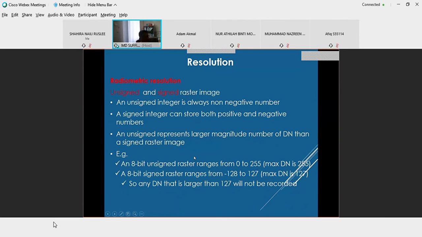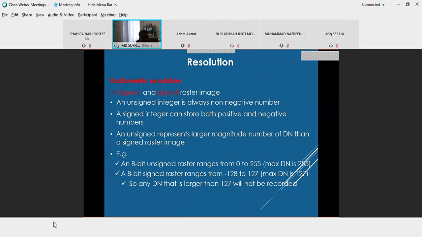And then kadang-kadang you tengok juga dia ada unsigned dan juga signed data ataupun image lah. So unsigned ni bermaksud bahawa dia punya radiometric ataupun digital count dia adalah positive number.